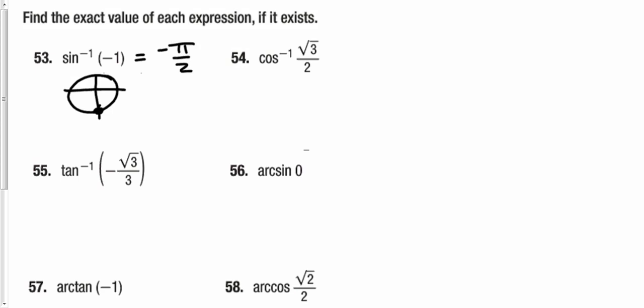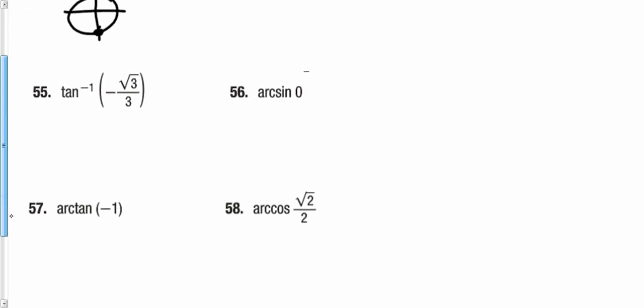For 54, where is cosine equal to positive radical 3 over 2? Well, remembering back from the unit circle, that should be easy. It's pi over 6. For this one, the inverse tangent of negative radical 3 over 3. Think back to the unit circle. Think about which one would be right. And here, we have a negative pi over 6.